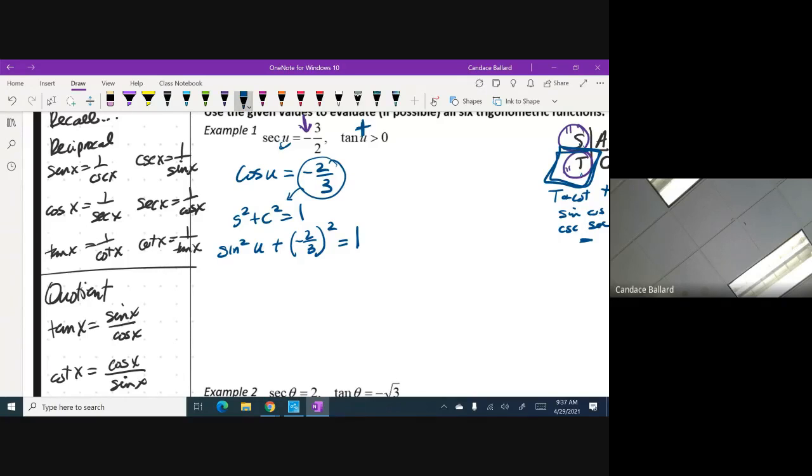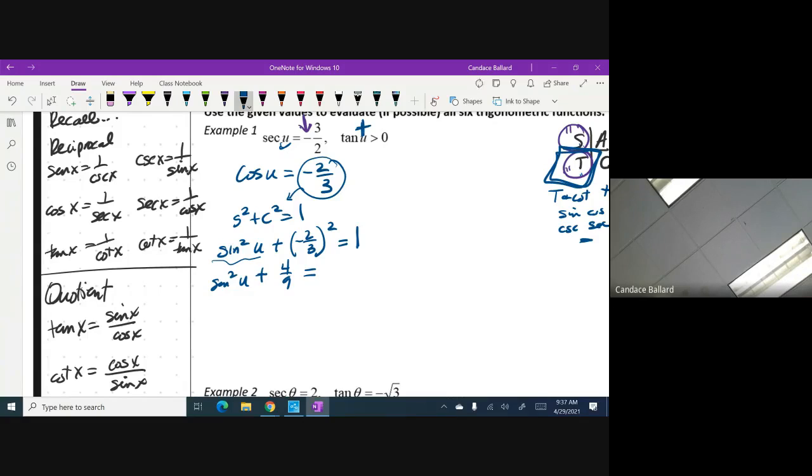And I'm going to solve that. The piece of trig is going to act like our variable. It's going to act like our x. Ooh, I just reduced everybody here. Okay, so we have sine squared u plus 4/9 equals.